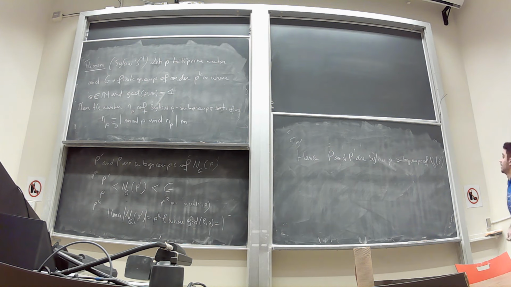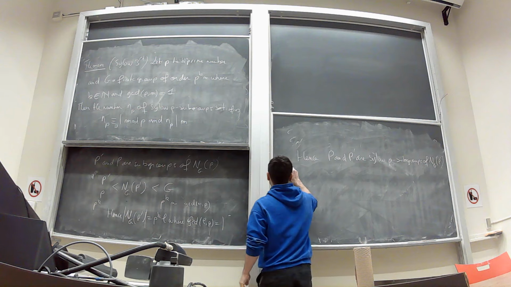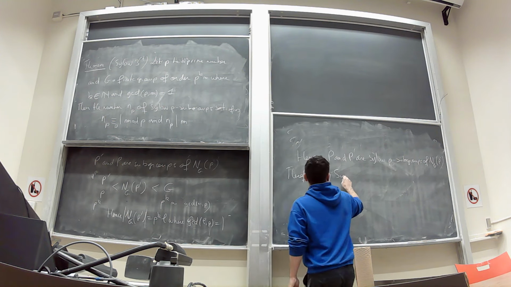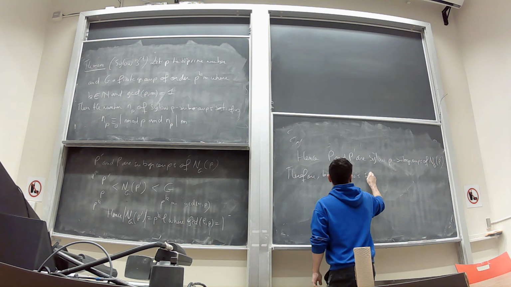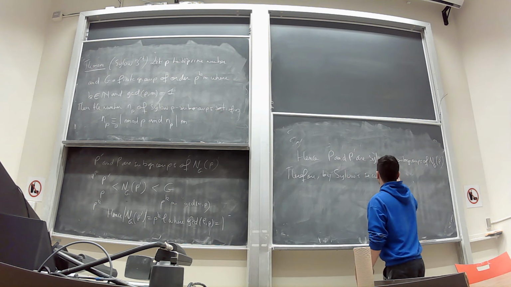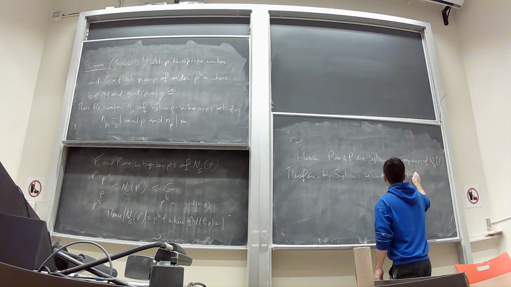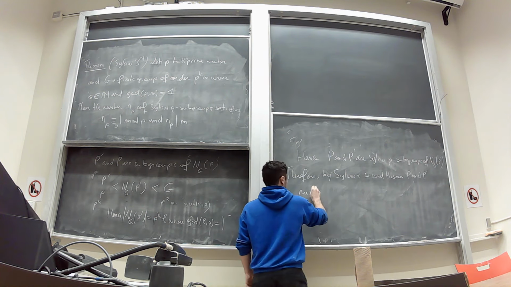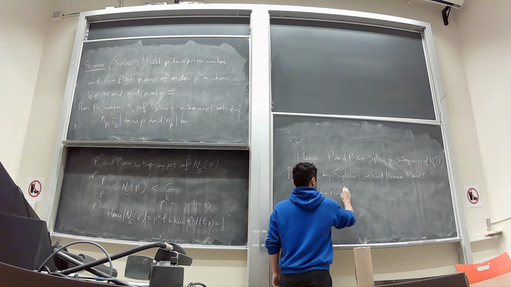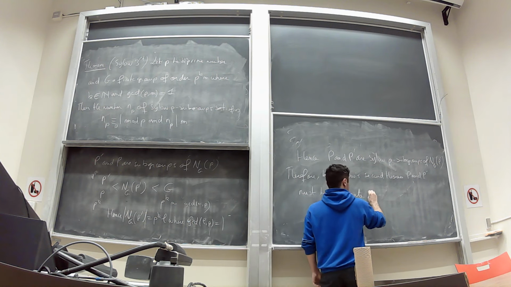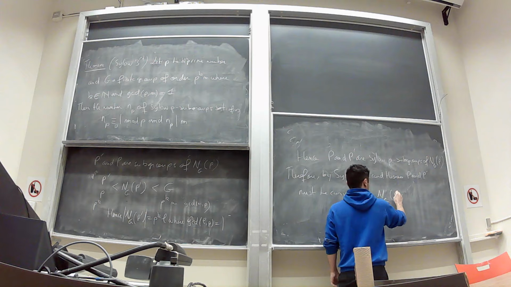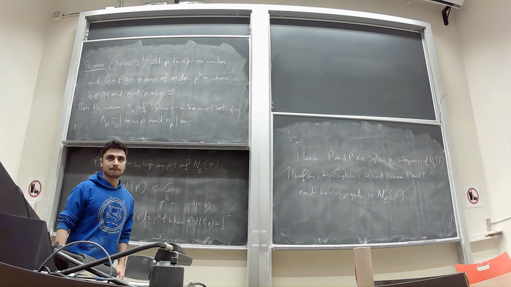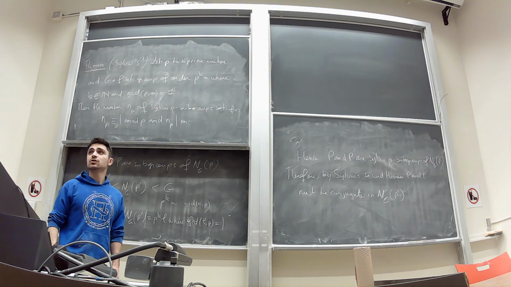Hence, by Sylow's second theorem, P and P prime must be conjugate in N_G(P prime). Not only in G, but in the smaller subgroup, which is N_G(P prime). So far so good.